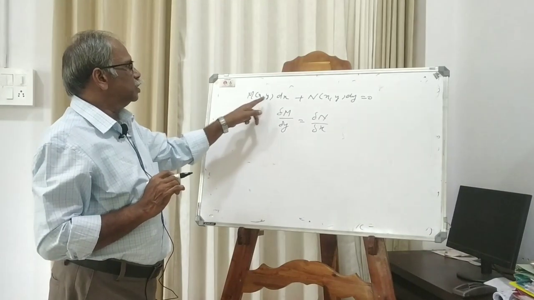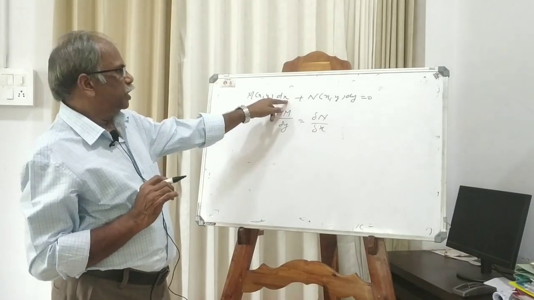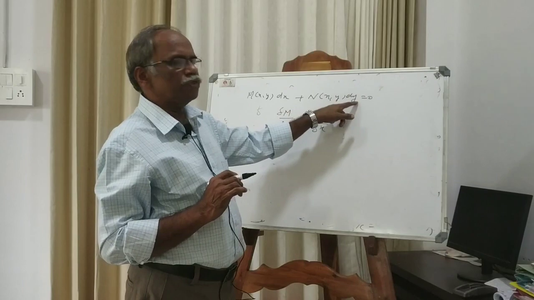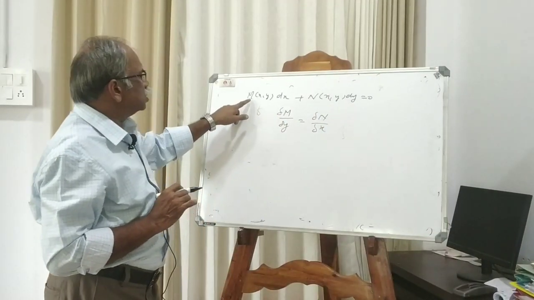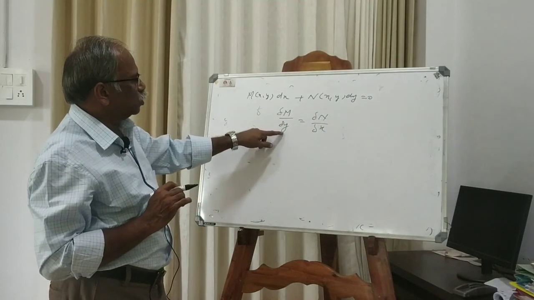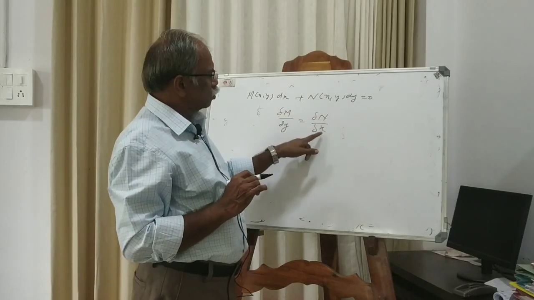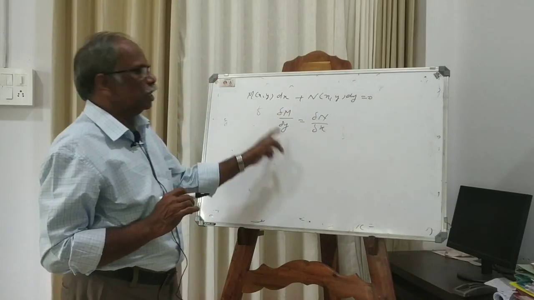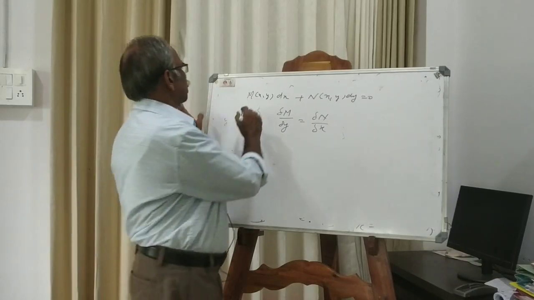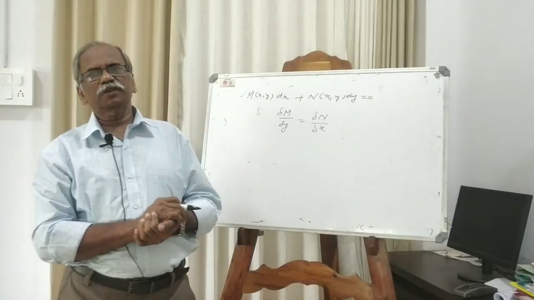M is the coefficient of dx, N the coefficient of dy, and we differentiate M with respect to y, not with respect to x, and we differentiate N with respect to x. Whenever these two are equal, this differential equation is said to be exact.